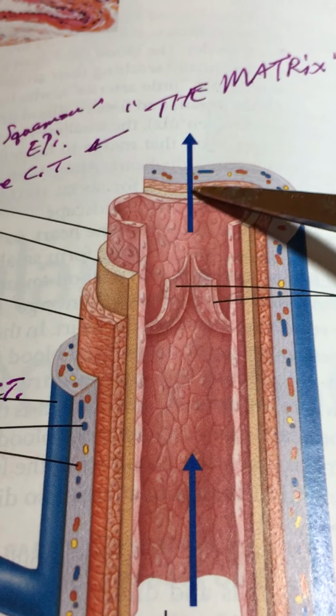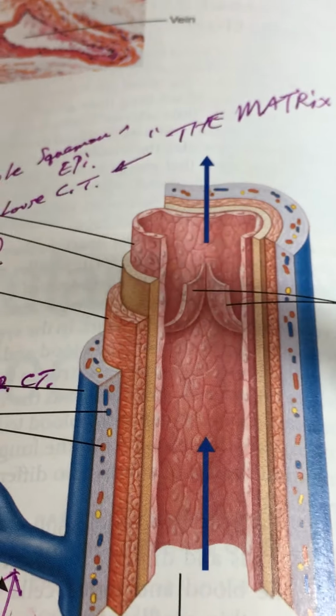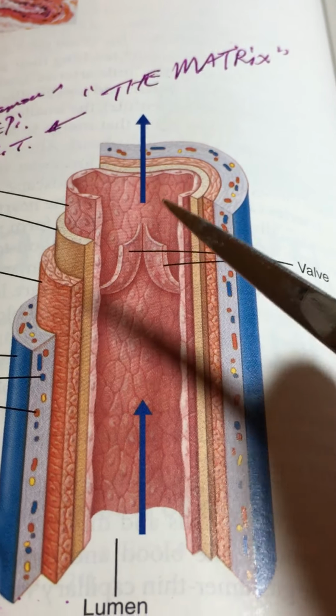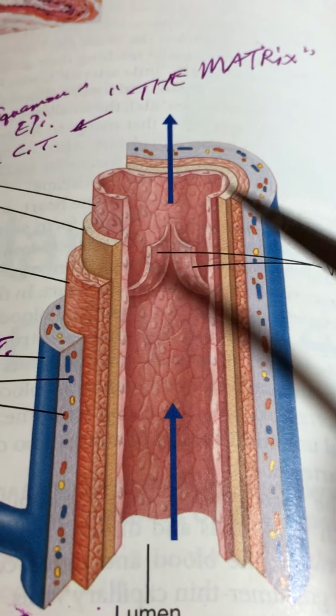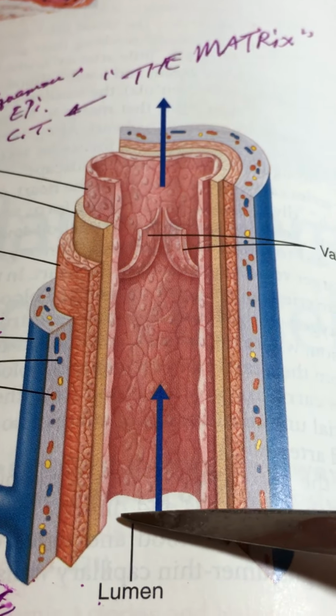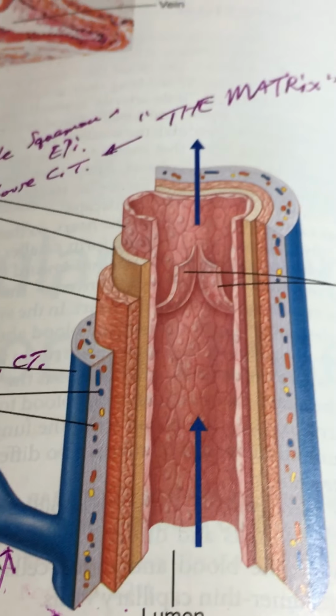But if there's any pressure from this side, if you're leaning on your arm, or you've got something gripped in your hand and you're pressing on a vein, then it's not going to go backwards. These cups will fill here and will close the valve and prevent backflow or reflux.